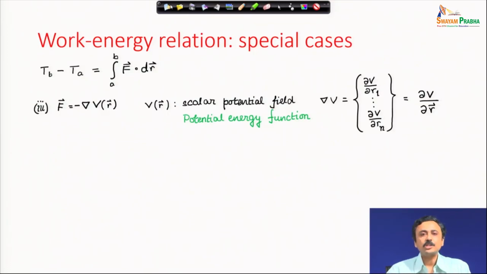This is also called the potential energy function. Gradient of the potential energy function is defined like this, as I have shown here. Gradient is del V del R1, del V del R2, like this, up to del V del Rn if there are n coordinates. It is also written as del V del R.